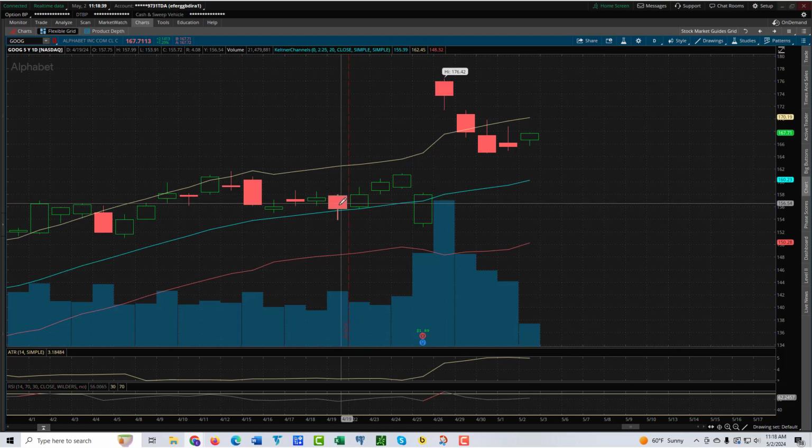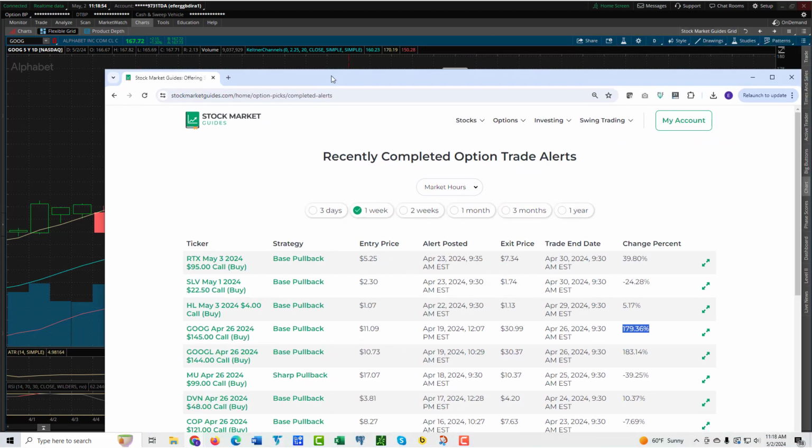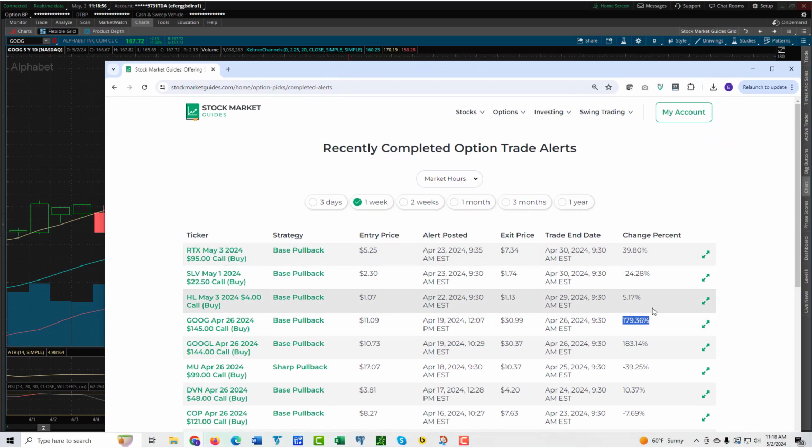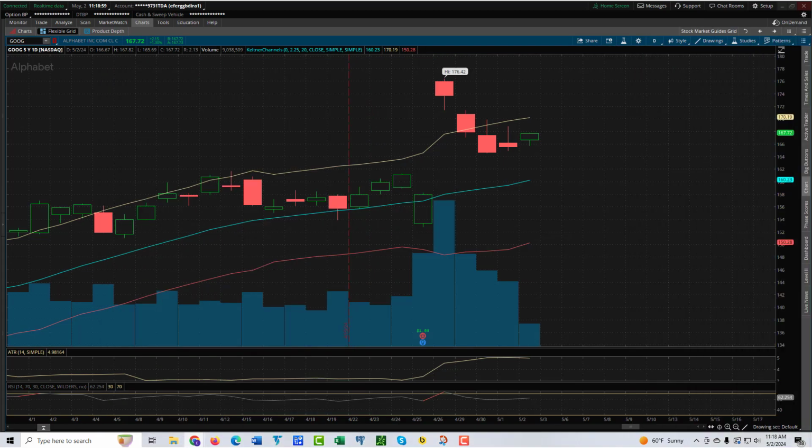And so you can see, obviously, this one turned out to be fantastic because if an entry had been made right here, in short order after we posted the trade alert, you can see what sort of an outcome that had, and you can kind of understand why it was such a big return on the option because I mean it just shot up.